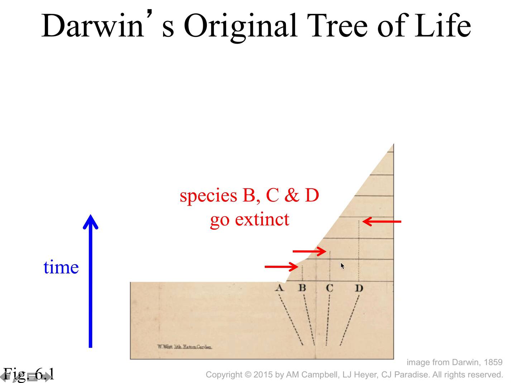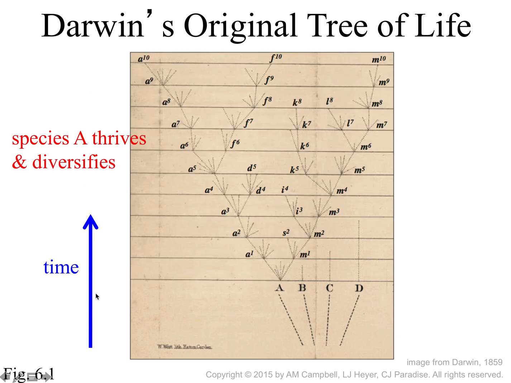Some species go extinct over time, so this is time from the past to the present. Other species continue on, may branch into new species, and then those species go extinct. Some make it all the way to modern day. The top of the tree is modern day, and that's what we see today.